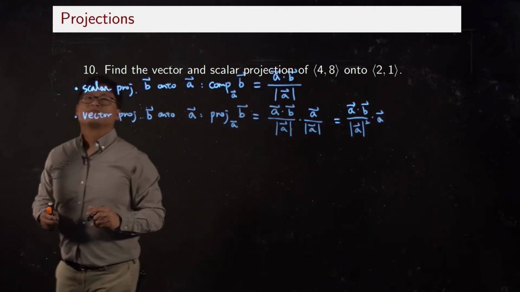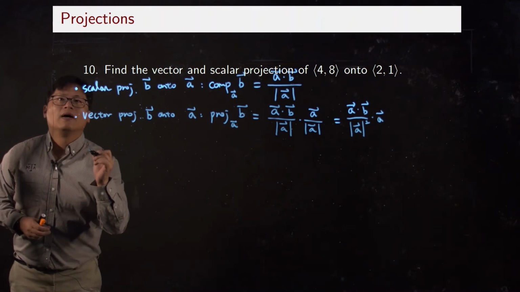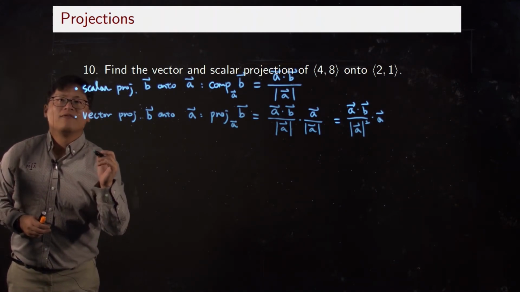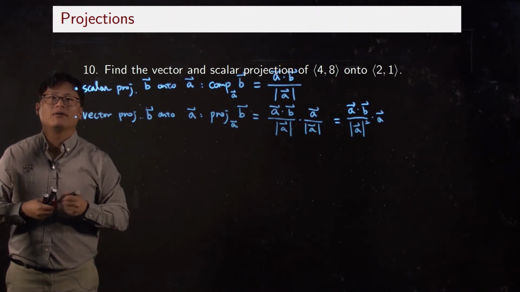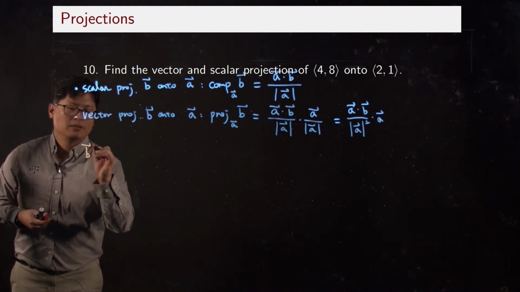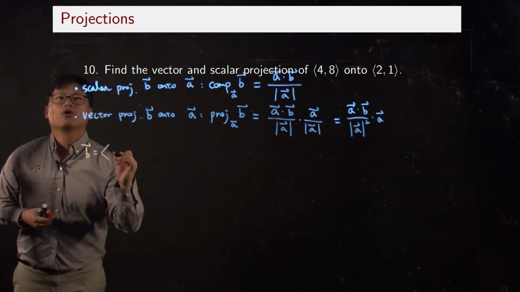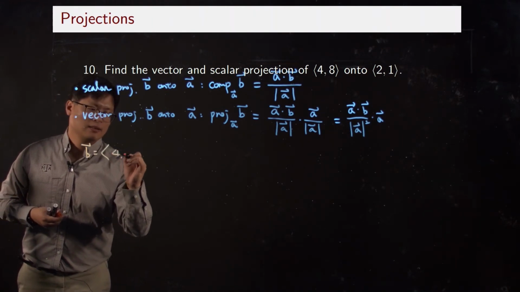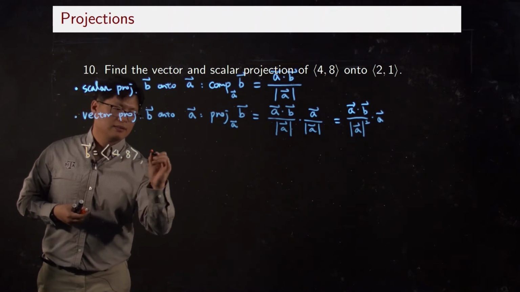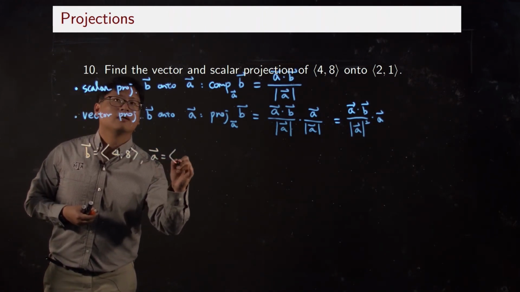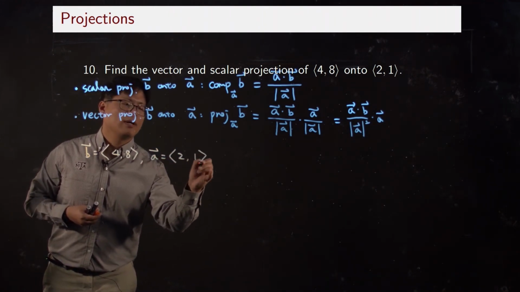Okay, look at number 10. Your vector B is (4, 8), and A is (2, 1), right?